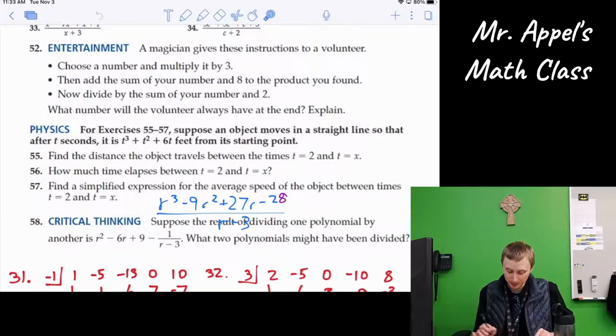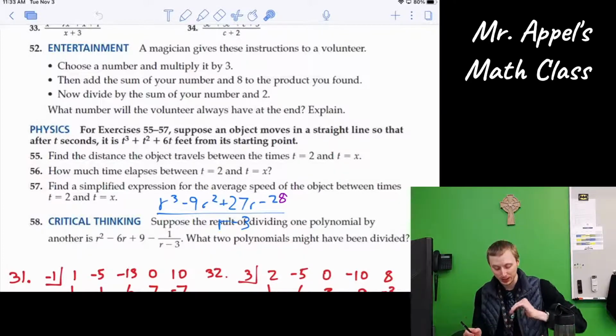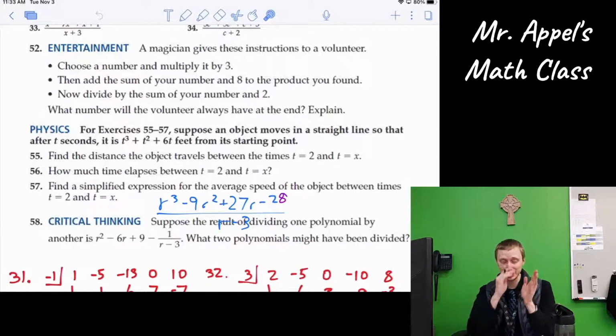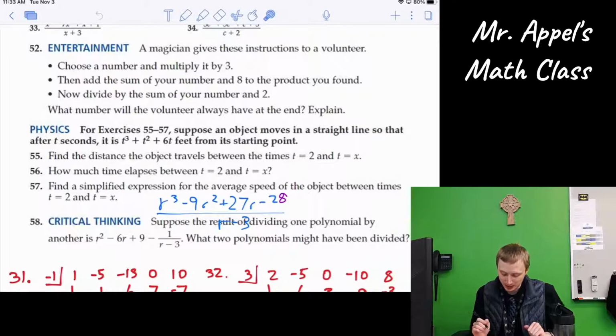So you want to find those distances, so that'll just be plugging in these values for time, subtracting, and finding an expression for the average speed of the object. You have to know that average speed is distance over time. So you found the distance at those two points, so the difference in distance covered between those points would be subtracting those two and then dividing by the amount of time elapsed.